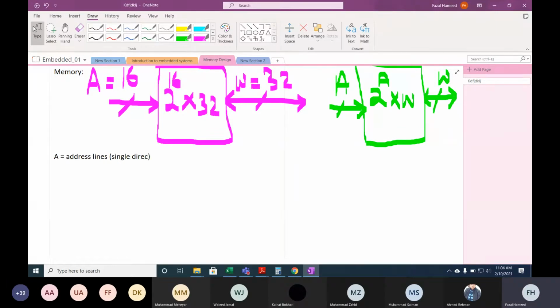Single directional, sir. And what about W? W refers to data lines. Okay, so A is the width of the address lines, and W is the width of the data lines, and the data lines are bi-directional.